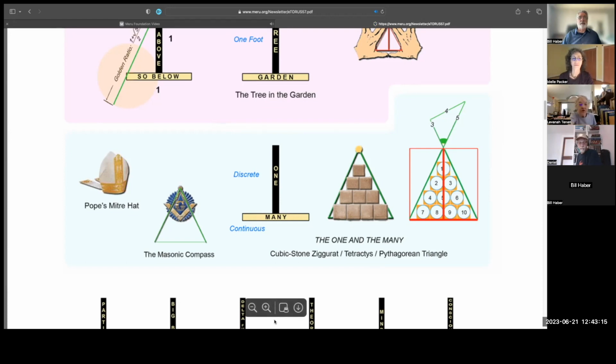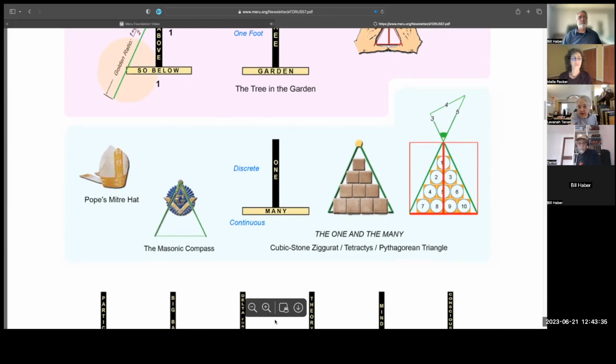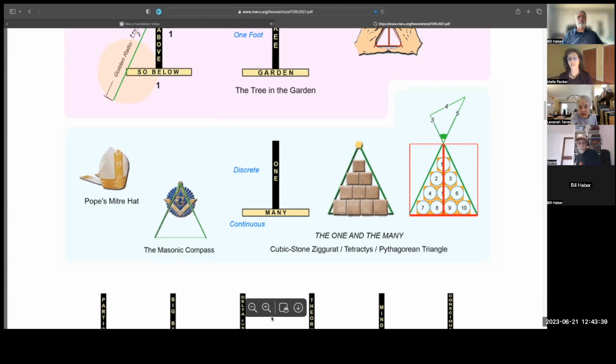If you notice again, Masonic compass, the vertical line of the inverted T, he didn't include that in that particular drawing, but the angles of the triangle are the same as, if you go all the way to the right, the triangle which is formed by the inverted T. So that's why that one is there.